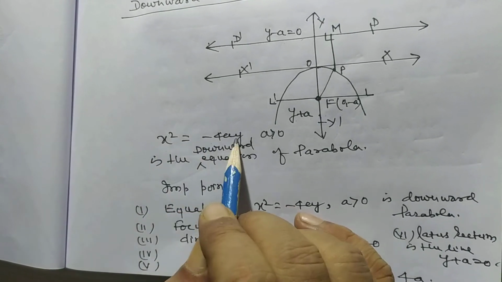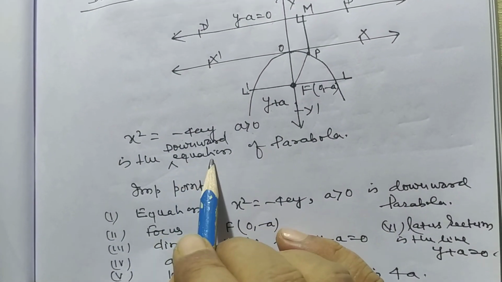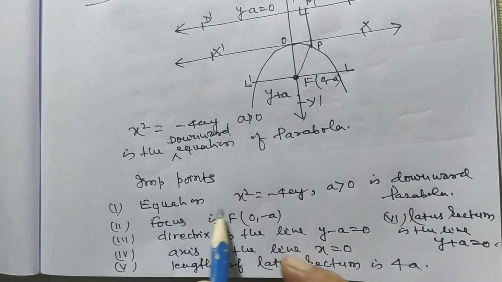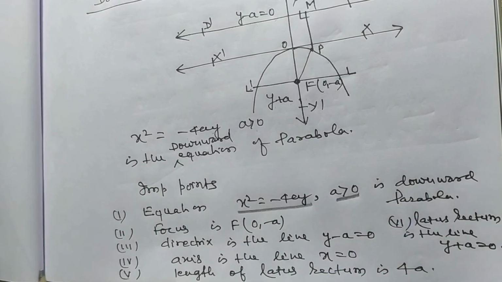So x square is equal to minus 4ay, a greater than 0, is the downward parabola.